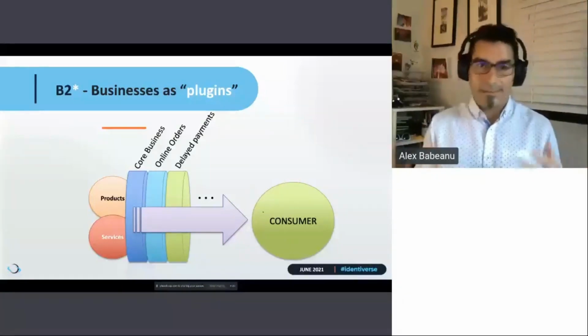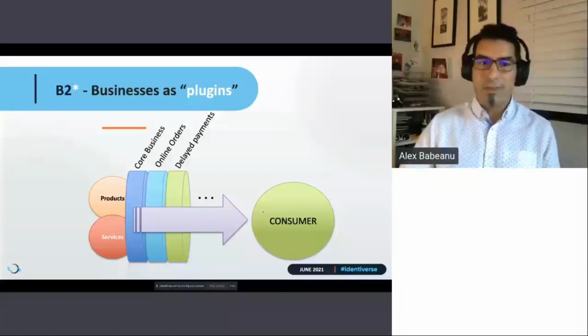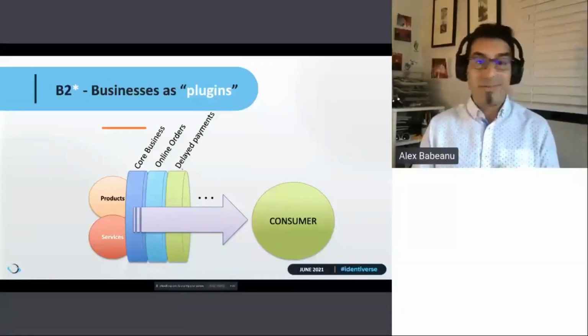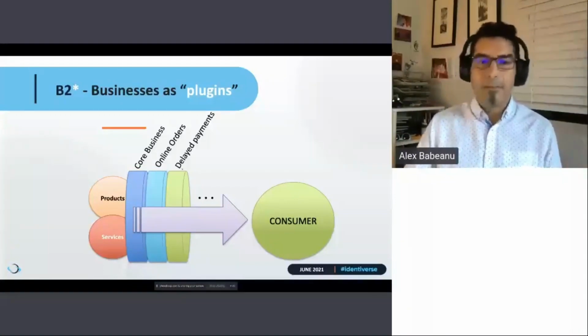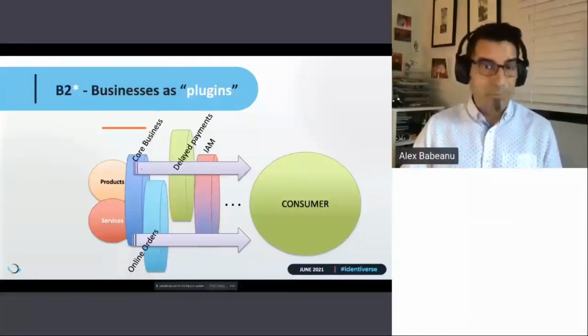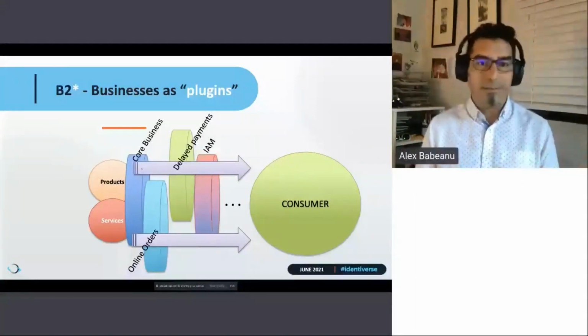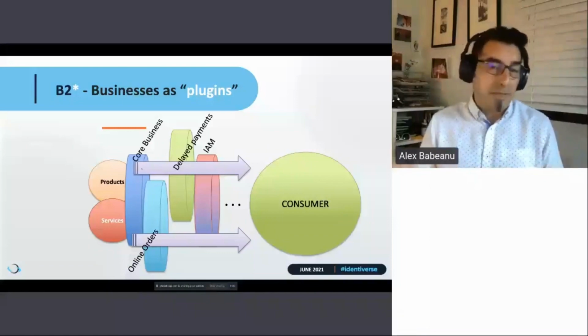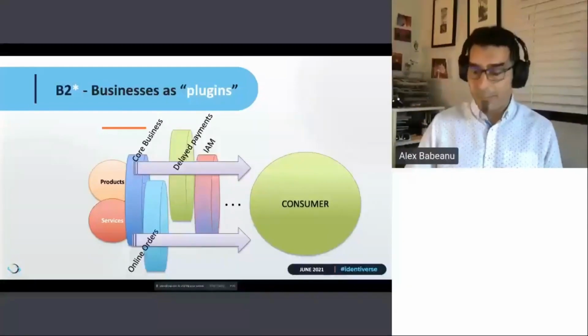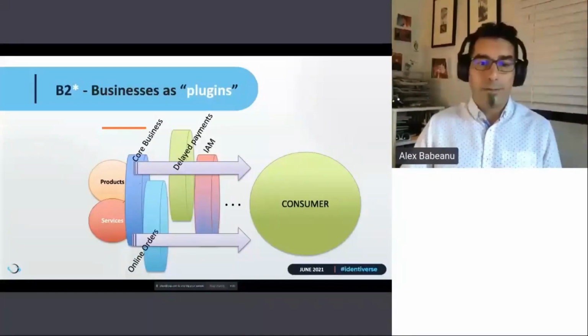Now, things start getting a bit more complicated, as I'm sure you realize, because again, a lot of data needs to be shared across all of these different businesses. A more realistic view of the situation would be this, where consumers don't always use all the layers, all the plugins in our B2 star environment, but kind of pick and choose. Some consumers may just keep buying from our core business, while others may order online.